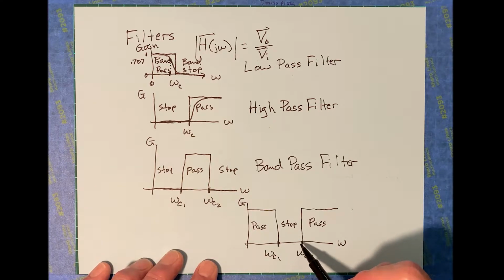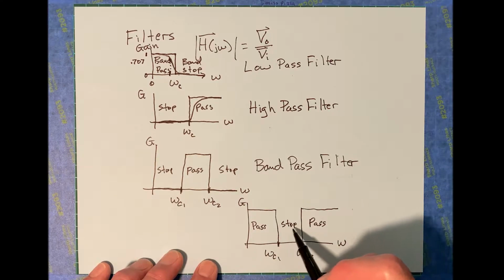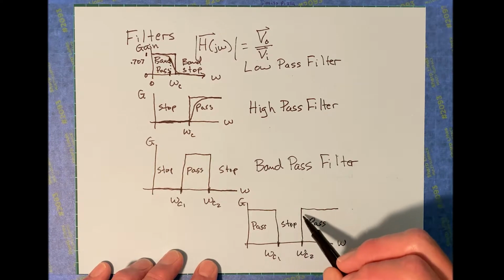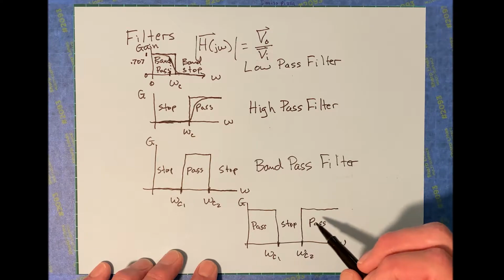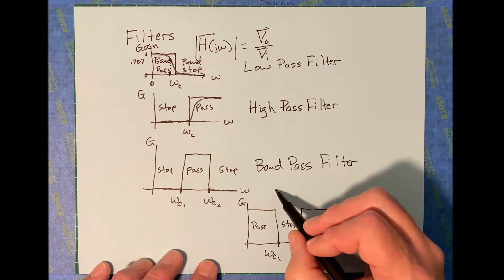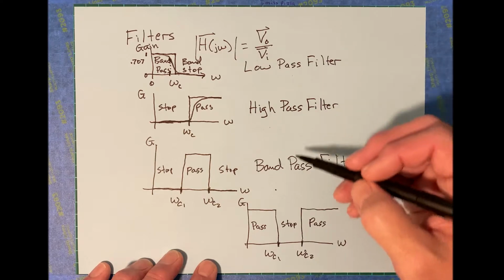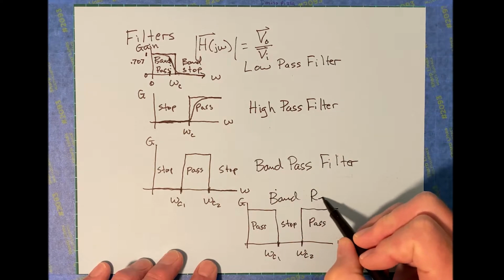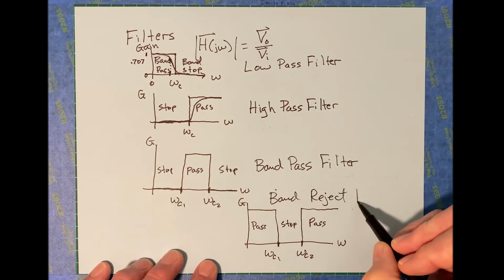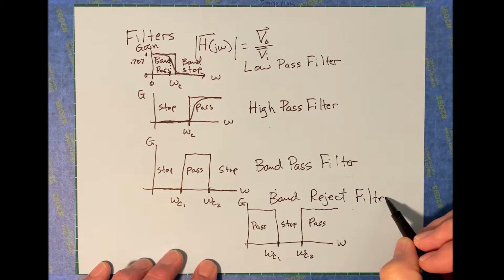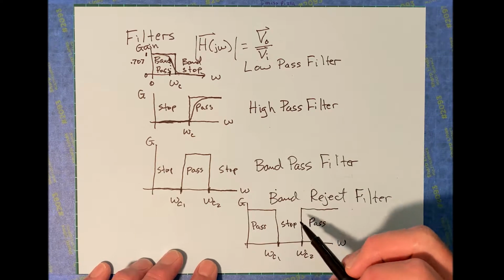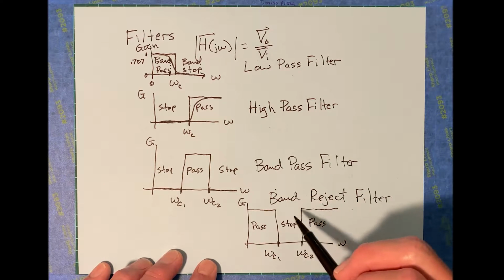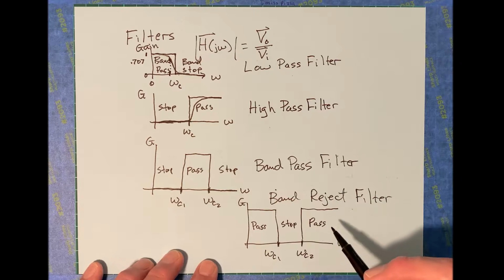Okay, now in this case, we're stopping or rejecting, or you can see there's a gap in the frequency response there. So this goes by a series of different names, as some of these also have slightly different names. So this is going to be the band reject filter, because we are rejecting or stopping these. This could also be called a band gap filter, a band stop filter as well. All right.